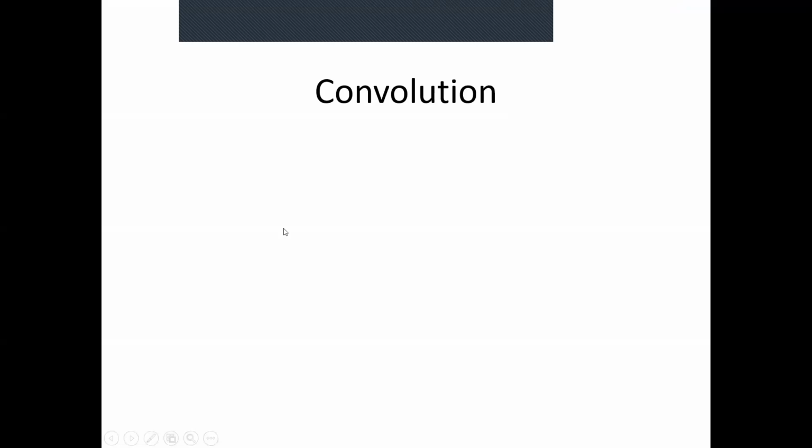Today we have another important lecture, which is the convolution. In this lecture, we are going to talk about the convolution and how we are going to implement different algorithms. These algorithms will be very simple to implement on a PC.